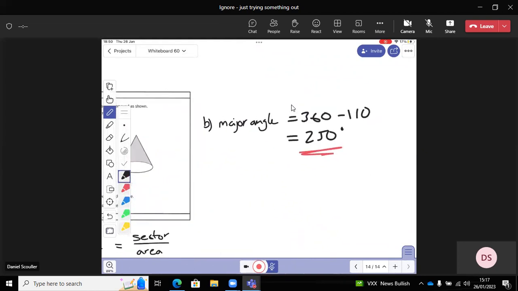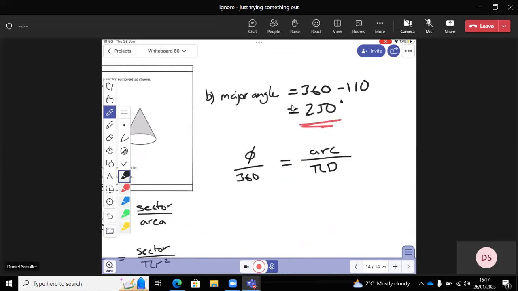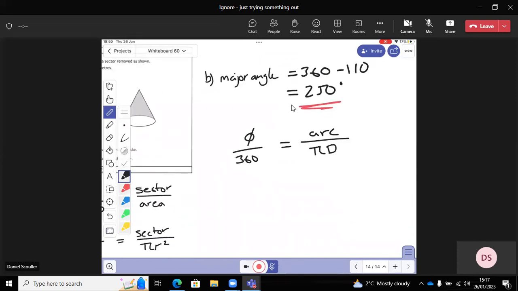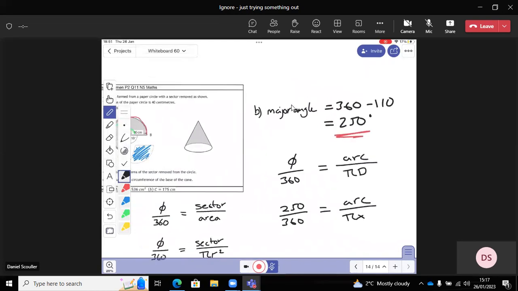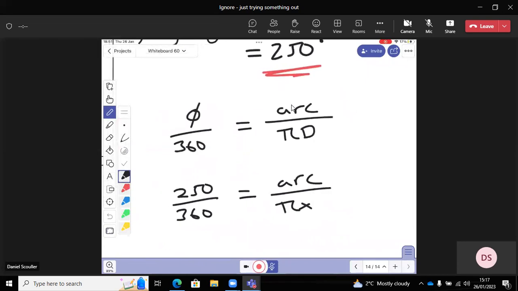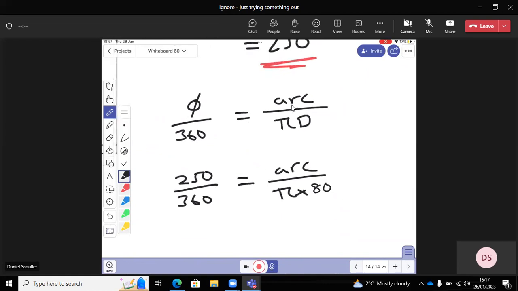So when we write out our equation, angle over 360 equals arc over circumference, which is pi d. When we put in our angle, it's 250 over 360 equals arc over pi times the diameter, which is 2 times the radius, and it's going to be 80. So there's a couple of things that could catch you out there, or you could misread.